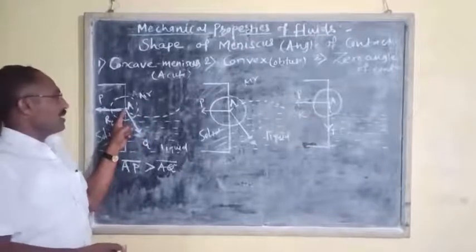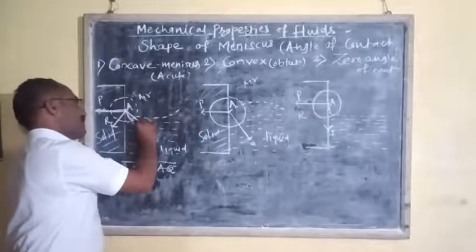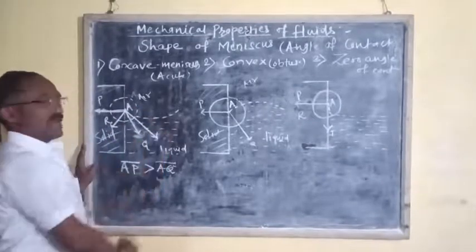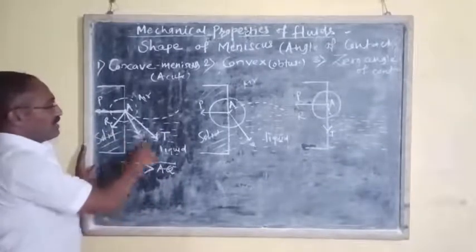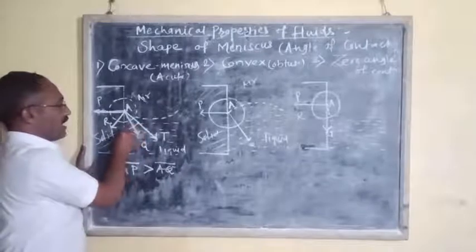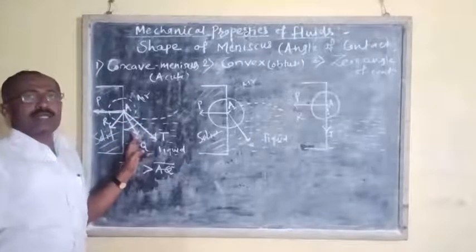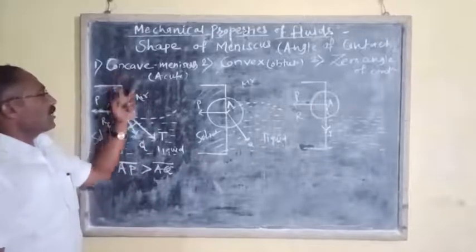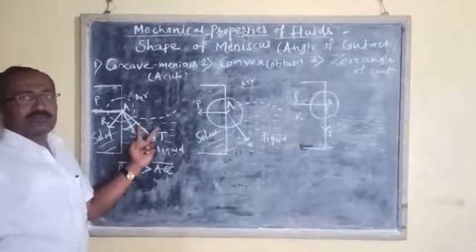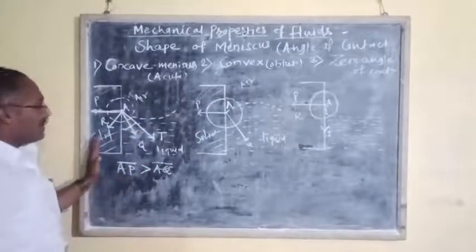AT is the tangent drawn to the liquid surface, and this tangent makes an acute angle with the solid surface. Therefore the liquid surface will be concave as shown in the figure, and the angle of contact becomes acute.